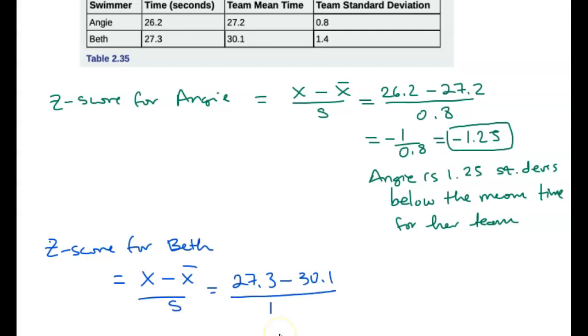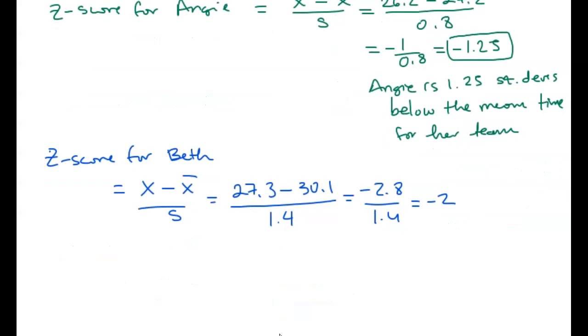The spread is a bit larger in her team, so we divide by 1.4. That gives me -2.8 divided by 1.4, which is -2. So Beth is 2 standard deviations below the mean time for her team.